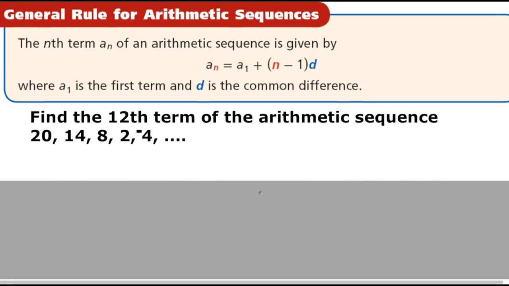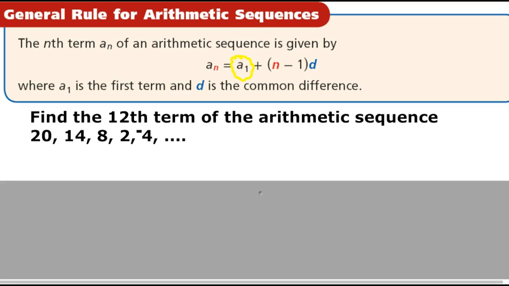General rule for arithmetic sequences. So this is basically the same thing as we did yesterday, but now it's a new rule that incorporates the constant difference. If you know the common difference, then we can create a new formula to find any term you want in the sequence. If the sequence is arithmetic and you're just adding the same number each time, then what this formula is saying is, here's my starting point.